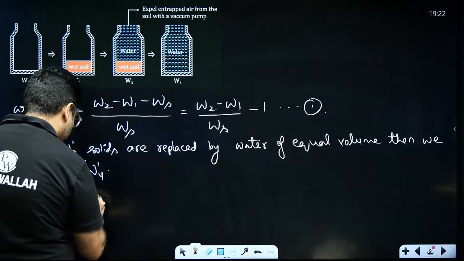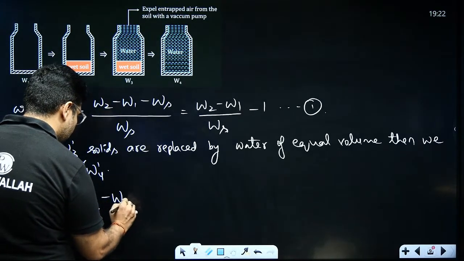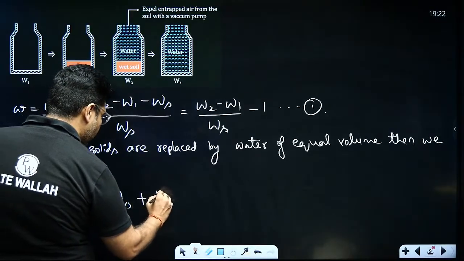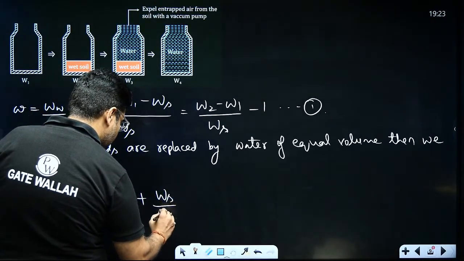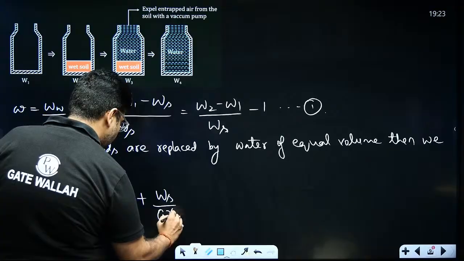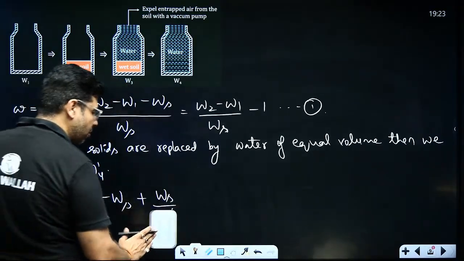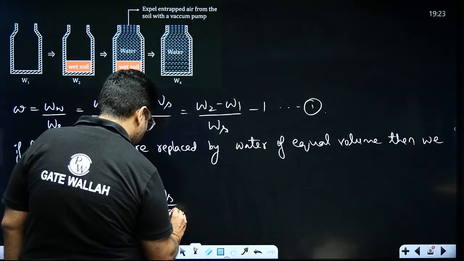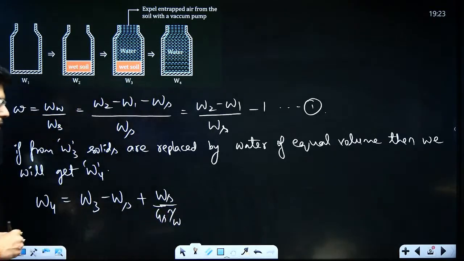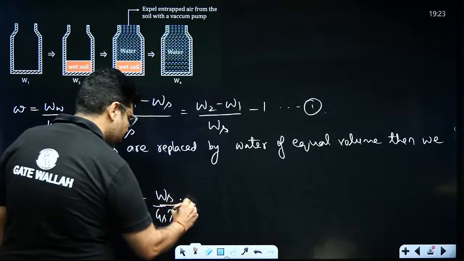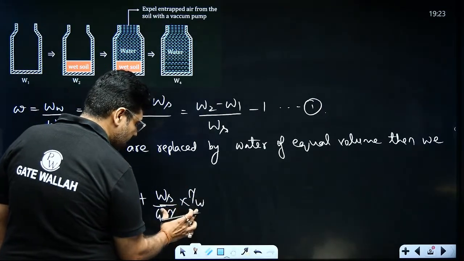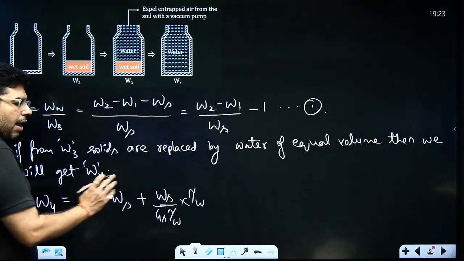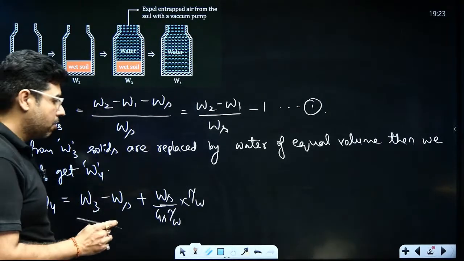So W3 minus Ws. And you are adding water that is having volume of solids. So this is my volume of solids, Vs, into gamma w. This is the weight of water having volume of solids.